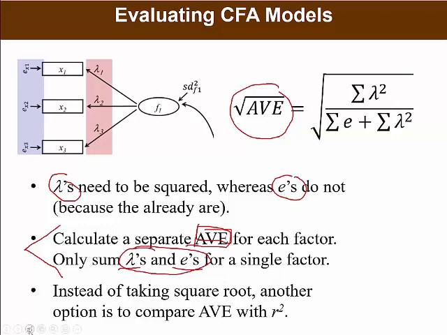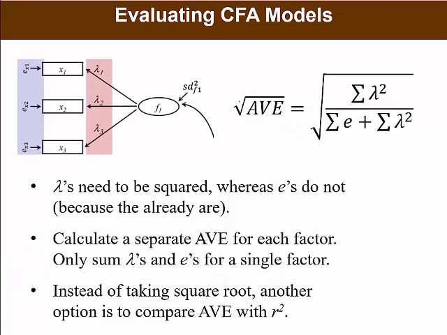And another thing, the reason why I have you taking the square root of the average variance extracted is because we're comparing it to a correlation, and a correlation is not using a squared metric. If you wanted to, you could square your correlation, take r squared, and then compare that with the unsquared average variance extracted.